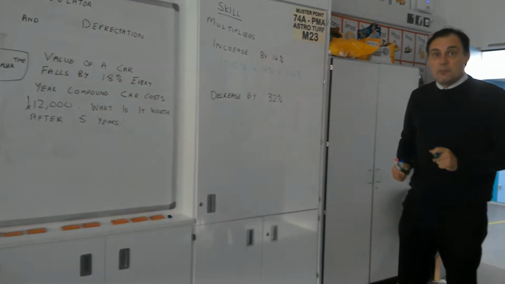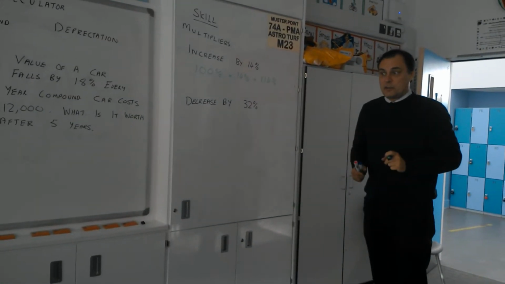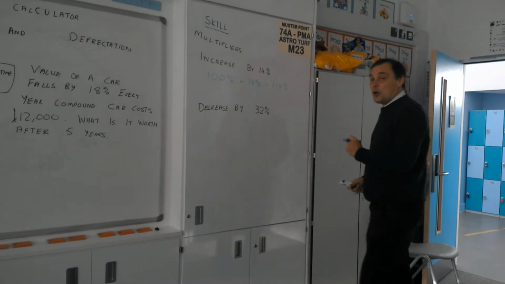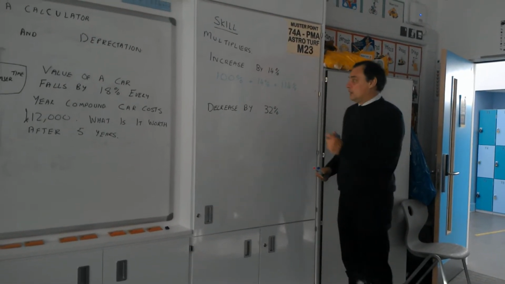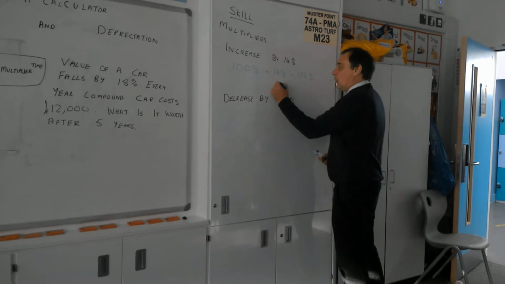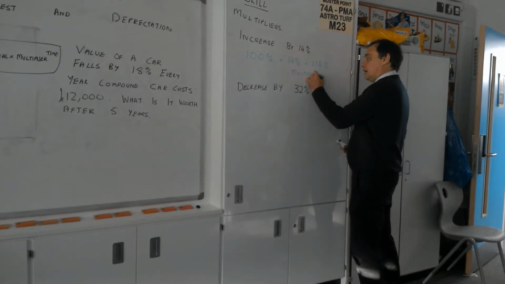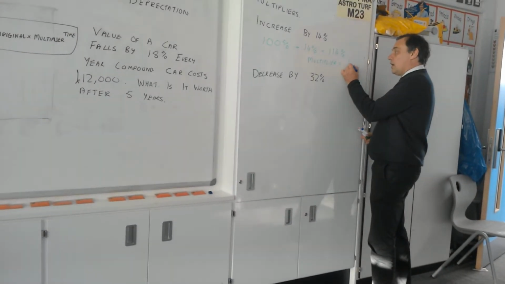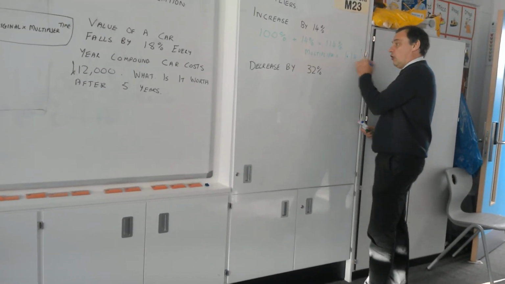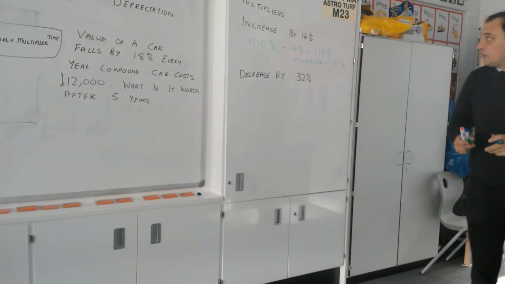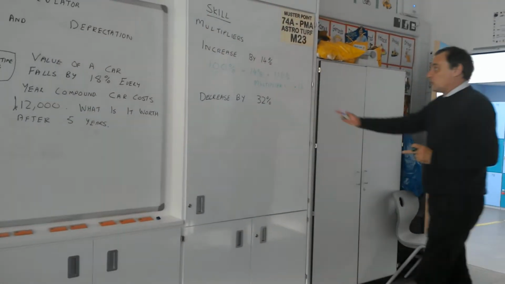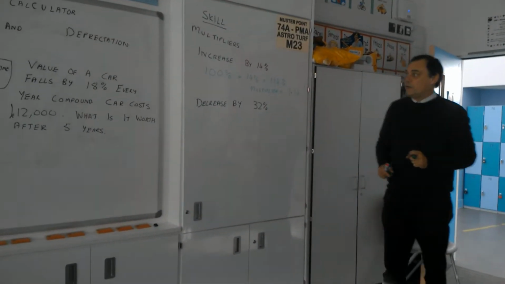To turn it into a multiplier, which we're going to use when we use our calculators, we're going to divide that 114% by 100. So our multiplier equals 1.14. Okay, so if we're increasing by 14%, that means we have a multiplier of 1.14.